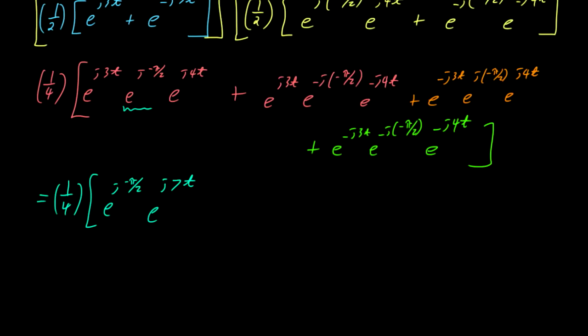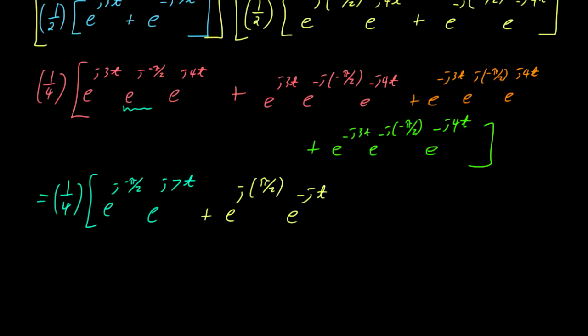And now I can do the same thing for this next part. I can just leave my phase information, e to the minus j, actually here I'm going to take the minus out, e to the j pi over 2, and now e to the j3t times e to the minus j4t just leaves me with e to the minus jt.